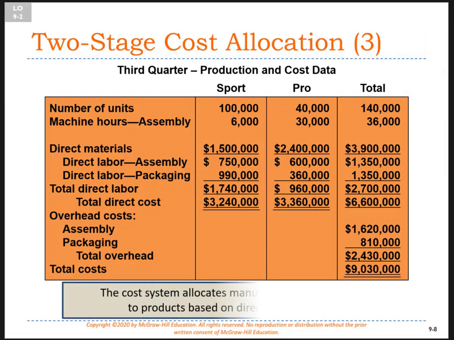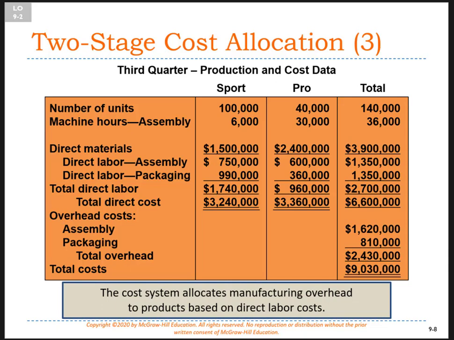So in this new example here, okay, we've got two products, Sport and Pro, right? We've got our overhead costs broken down into two smaller piles, all right, but also added up together, so we have that total as well.